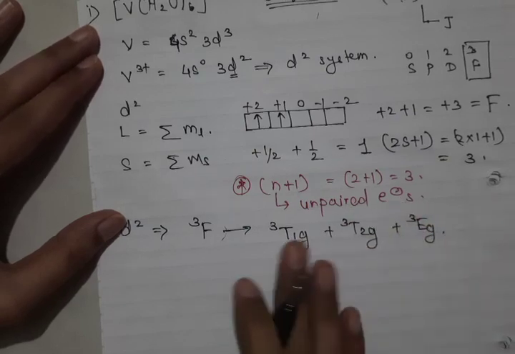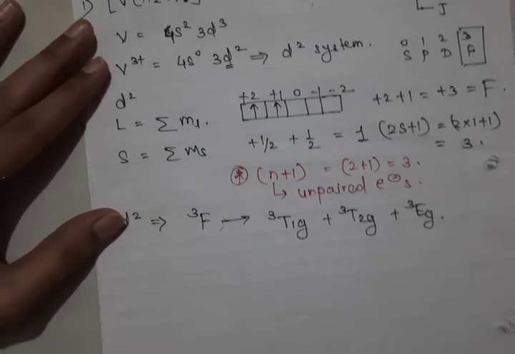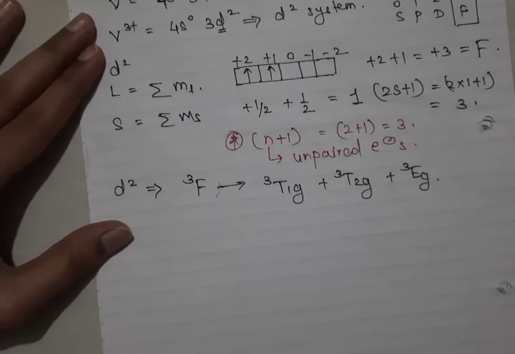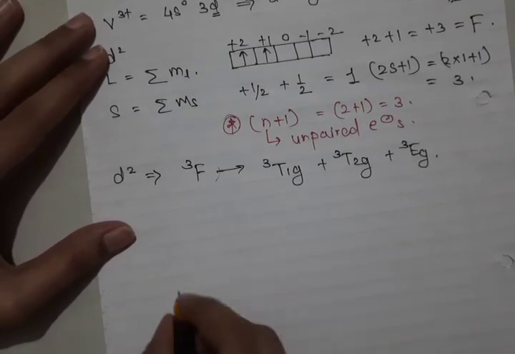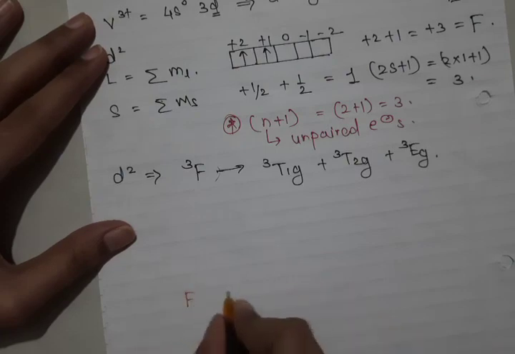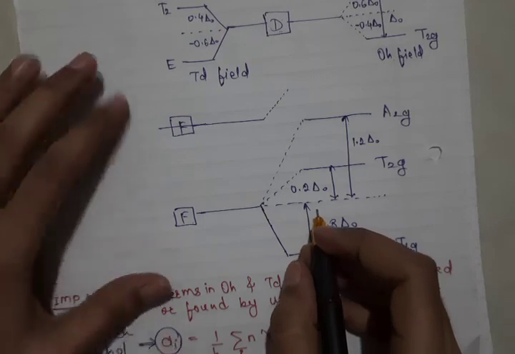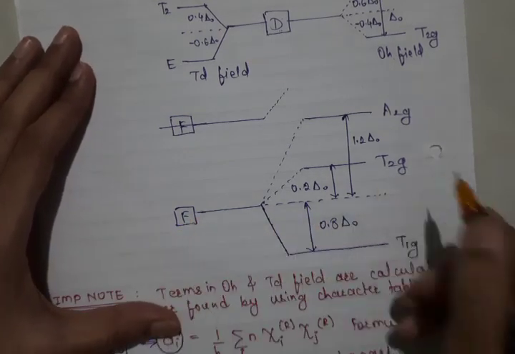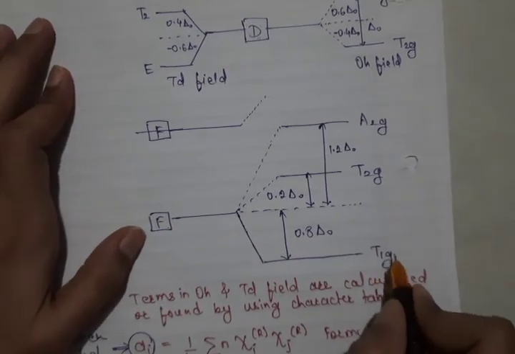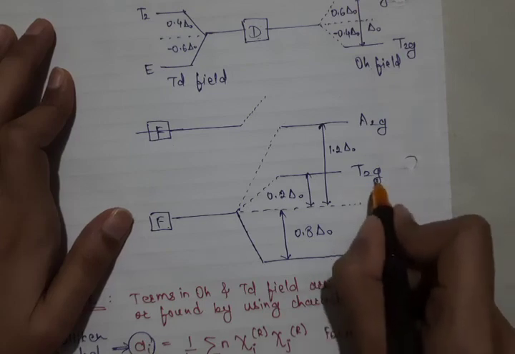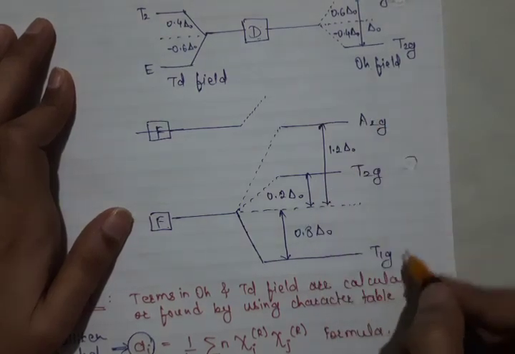And at the starting of this session, I have told you the splitting diagram for the F term. I'll show you that diagram. Okay, this is the diagram for F orbital splitting. T1G plus T2G plus A2G.